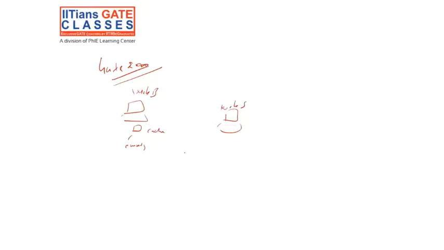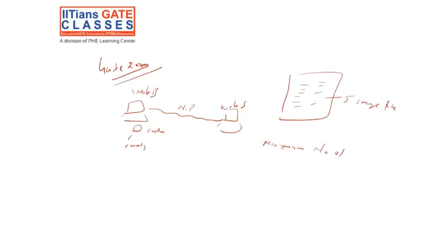Further, the browser is configured to send HTTP requests in non-persistent mode. The web page contains text and 5 image files. The minimum number of TCP connections required to display the web page completely in your browser is?